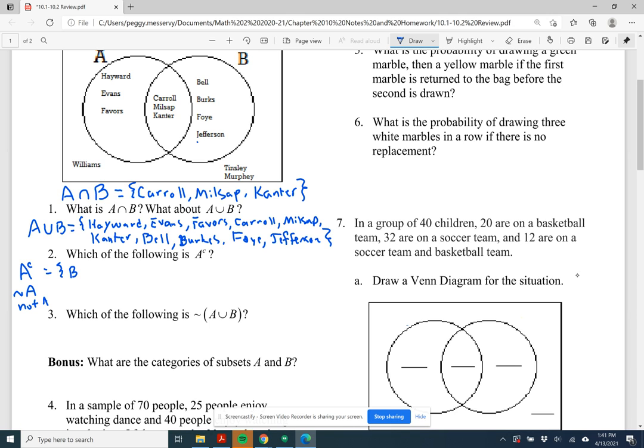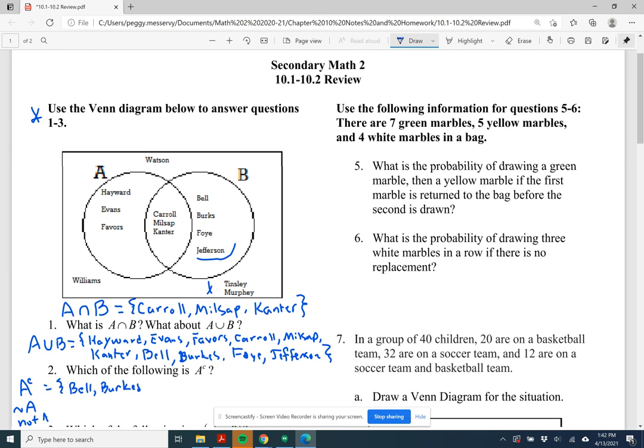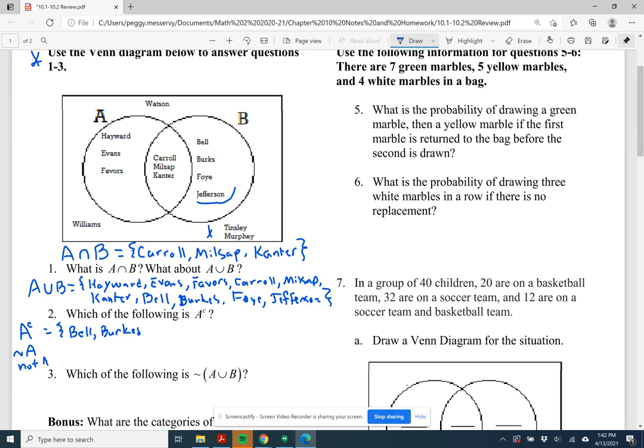So I'm going to start with these 4 that are not in A. And then we're going to list the rest because these guys that are outside are also not in A. So we have to make sure we get Watson as well. All right. So I'm just going to start with the ones that are in B but not in A. And then I'll list the rest.